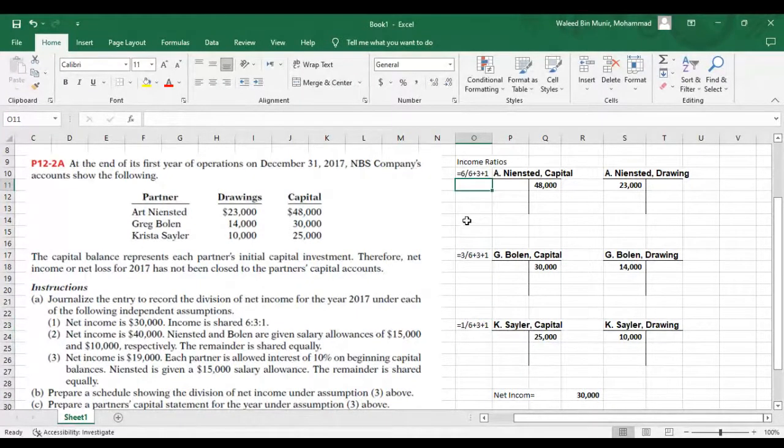In terms of percentage, for the first one, 6 over 10 is 60%, or 0.6. Is it clear? For the other one, it will be 30%.